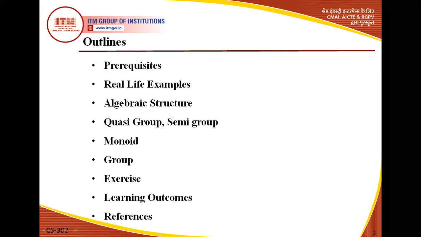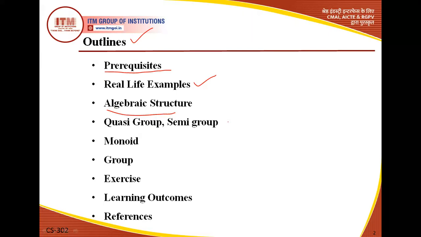So let's first see the outlines for today's topic. The first thing that we have to see is the prerequisites for binary operations and sets with binary operations. Then we would see certain real life examples over this unit. Then we would see what an algebraic structure is.